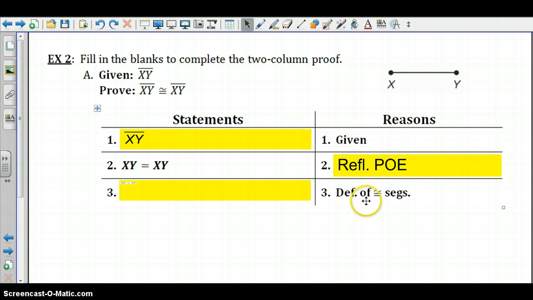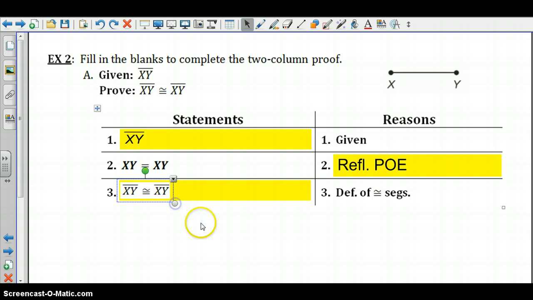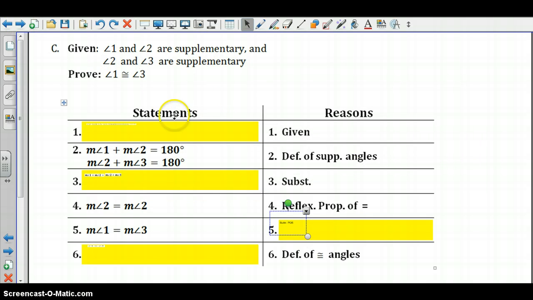And then the last reason for this last statement is the definition of congruent segments. If I'm told that two segments are equal in length, the definition of congruent segments tells me that those segments are congruent. So why don't you take a few minutes and try and fill in the missing pieces to this proof.